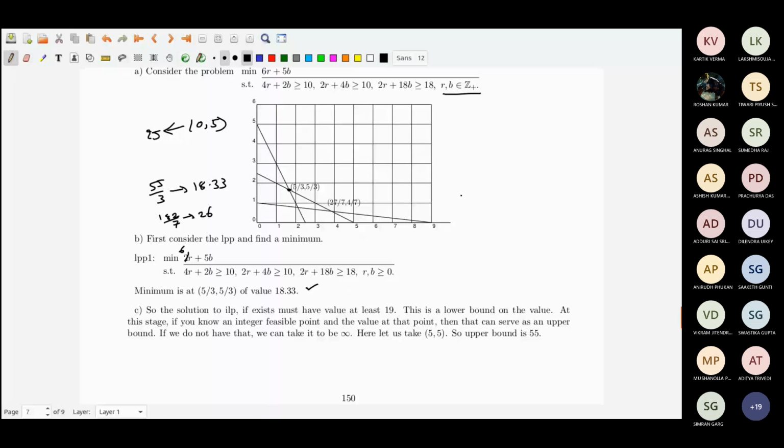So this is a lower bound of the optimal value that I am looking for.